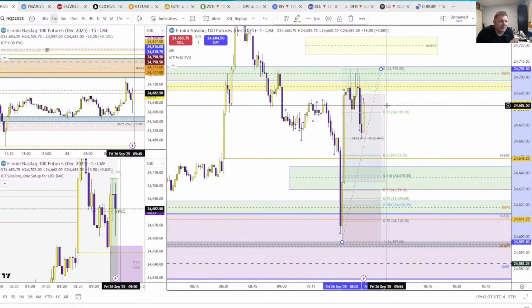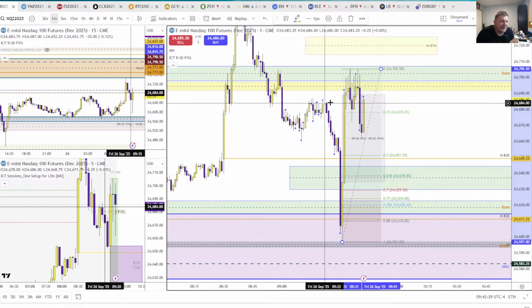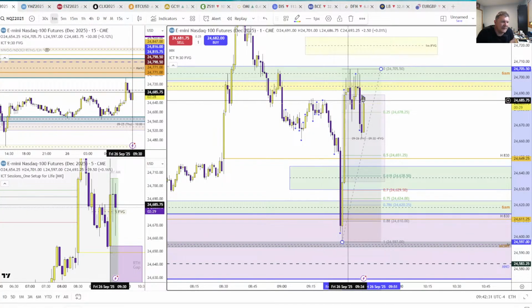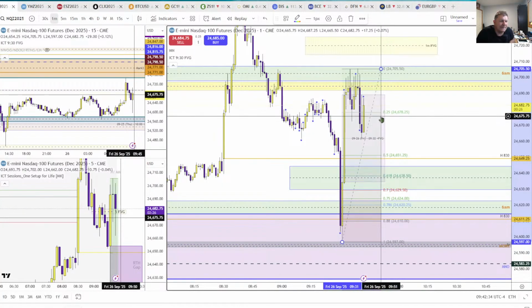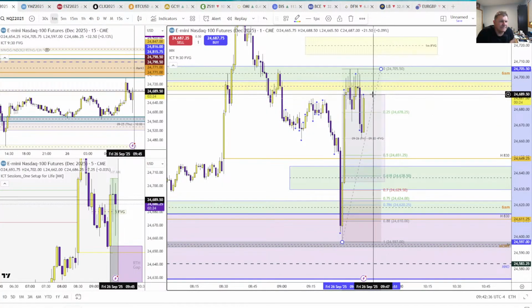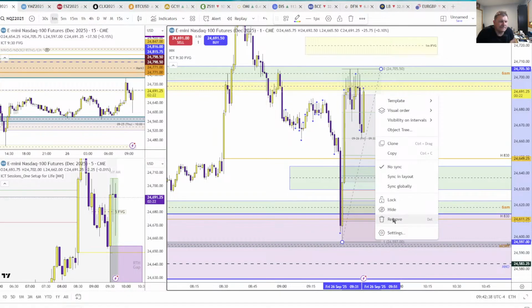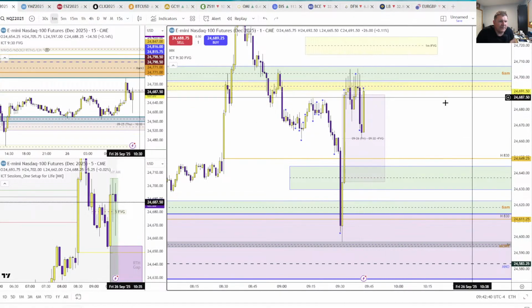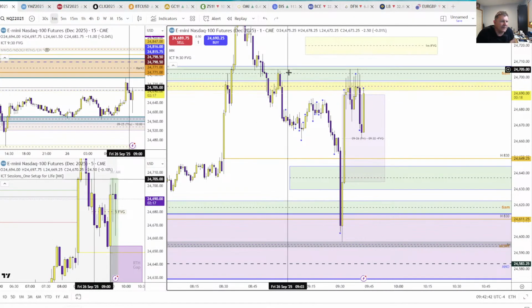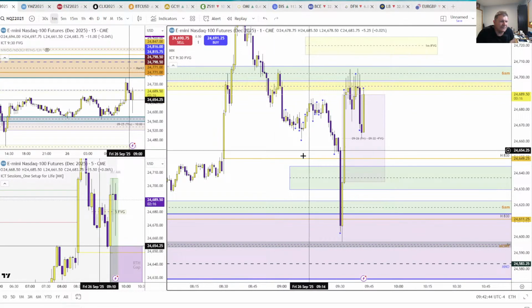That's good. Now you want to see a body close above here, and then ignore all this. Use that again as support to go higher. Wait for that to close, and then you're looking for that again to close above this level.